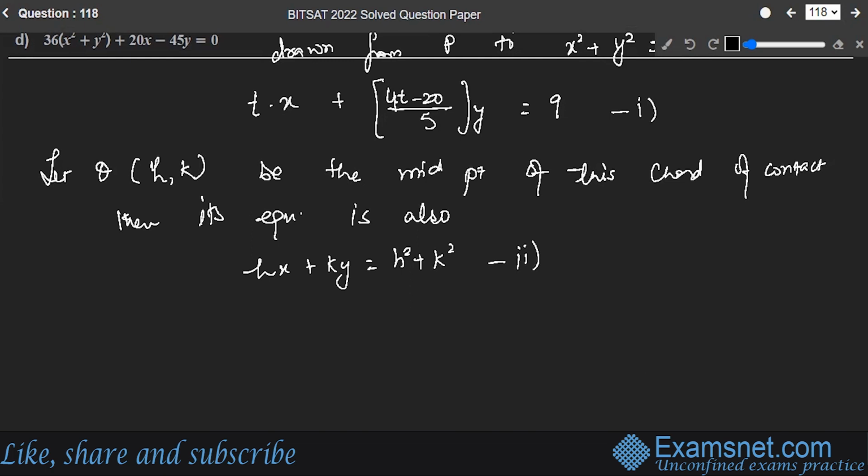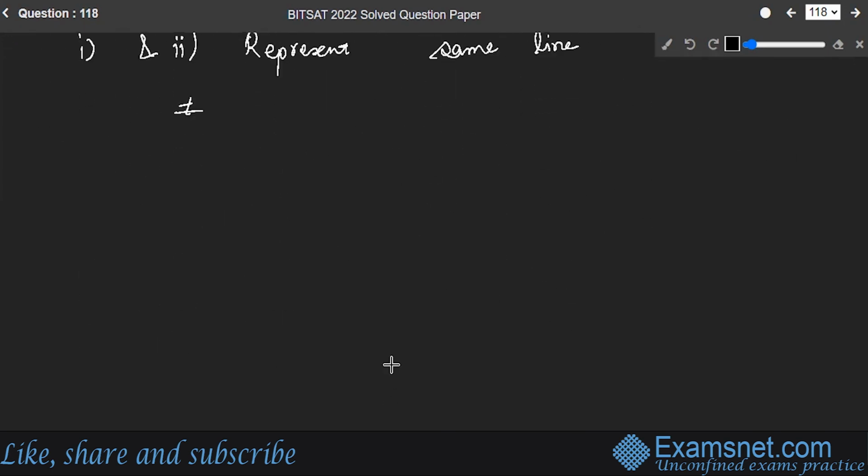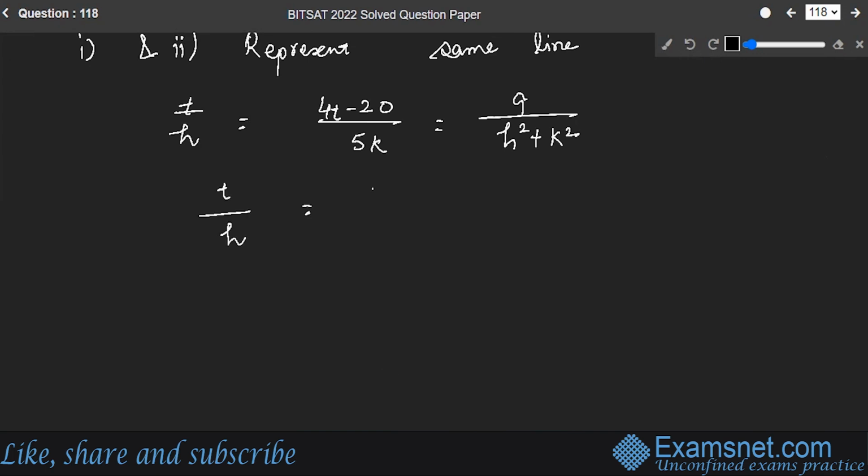Clearly both of them, 1 and 2, represent the same line. That makes t upon h equal to (4t minus 20) upon 5k equal to 9 upon h squared plus k squared. So you have t upon h equal to this, and also t upon h equal to this.